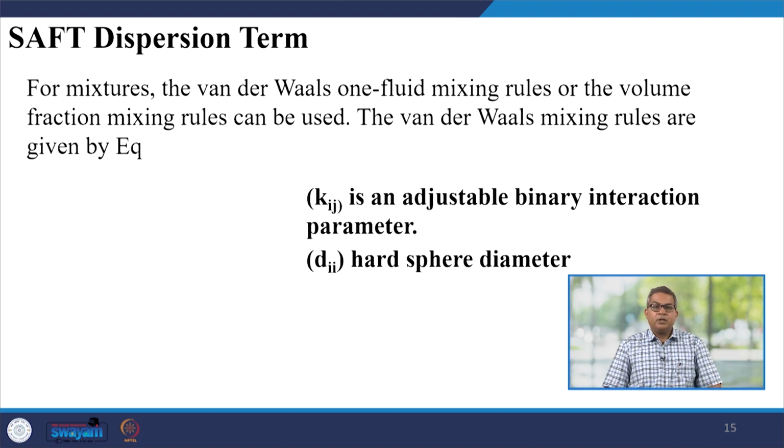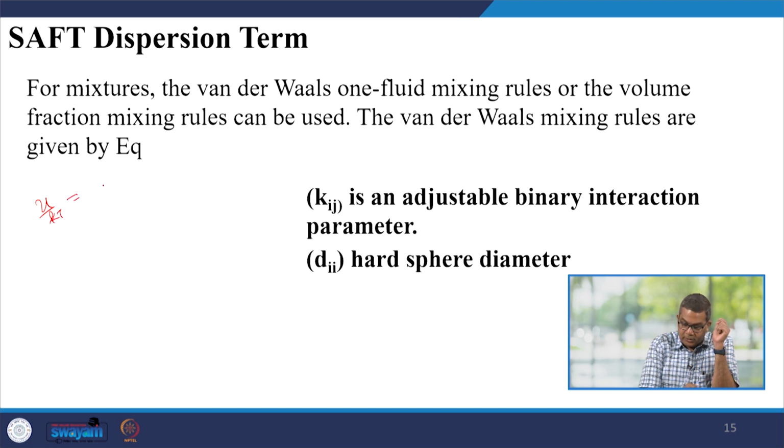Now for a mixture, the van der Waals one fluid mixing rule or the volume fraction of the mixing can be used, and the van der Waals mixing rules are given by this particular equation: u over kT is equal to summation over i and j of xi xj (uij over kT) dij cubed over summation xi xj dij cubed.